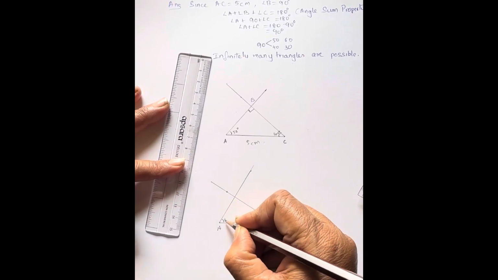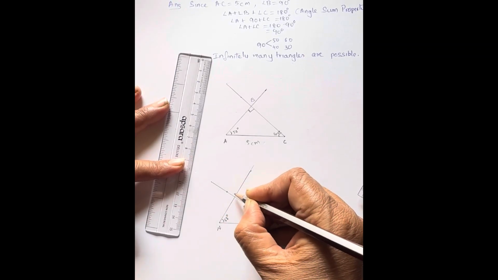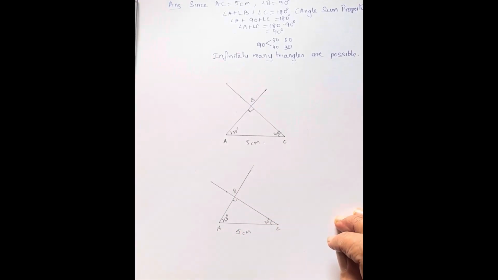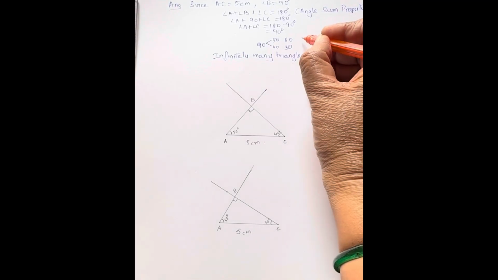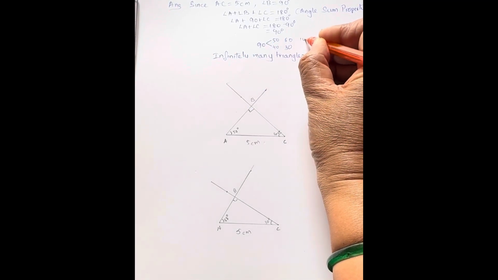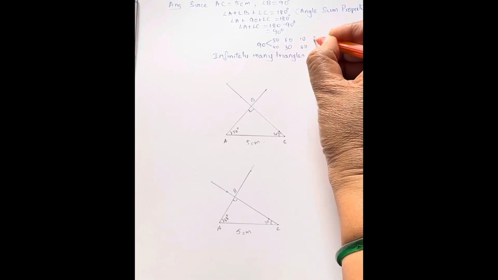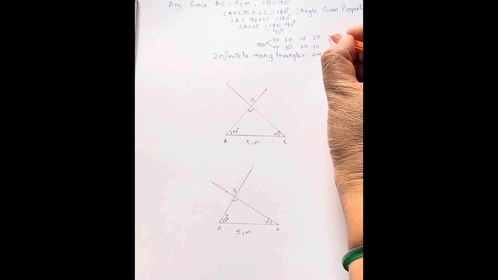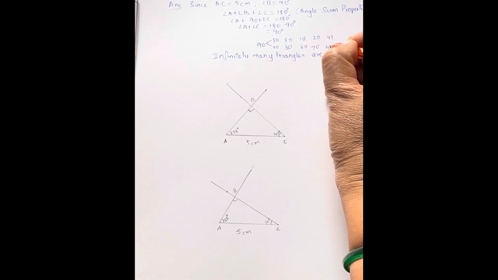This is 60 degree. This is point B, and it has to be 90 degree. Right, so I have shown you 2 possibilities. You can try with other combinations as well, like you can take 10 and 80, 20, 70. Right, you can even take 45, 45. Try with that. Okay, an isosceles triangle. So there are infinite possibilities for this answer.